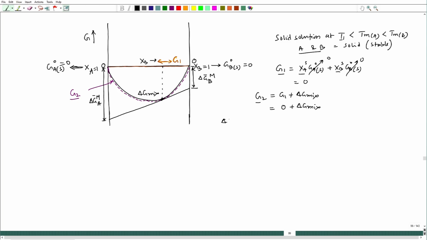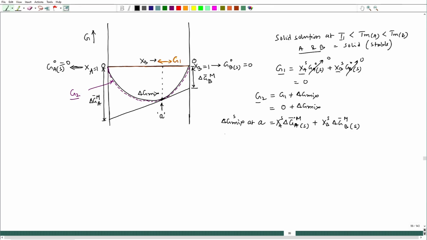So delta G mix at this point is equal to x A delta G A bar M plus x B delta G B bar M, and this is for solid.